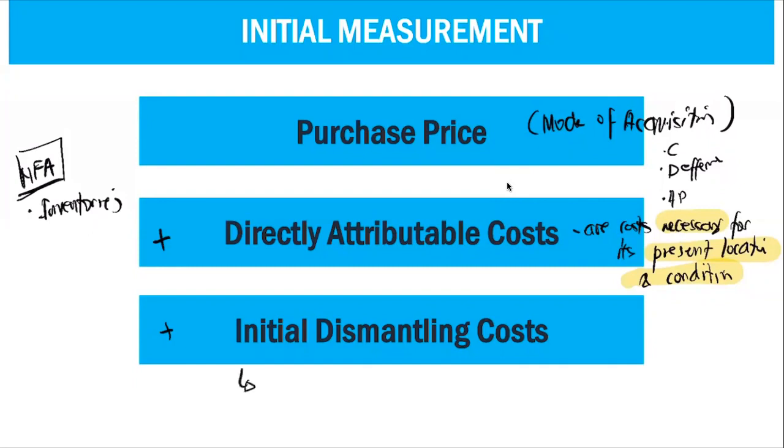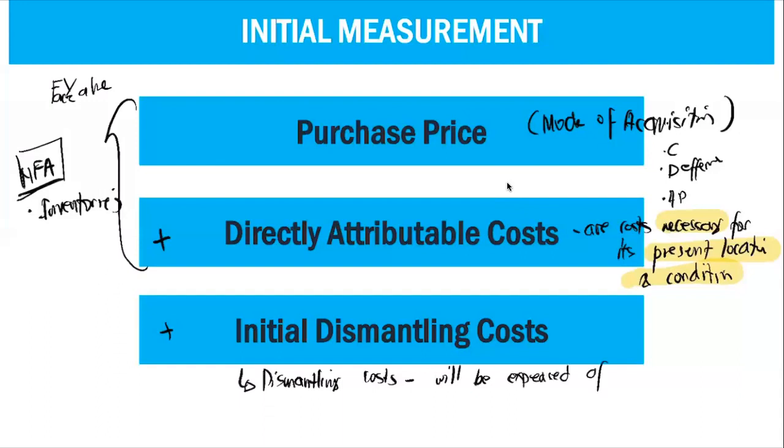Take note, this initial dismantling cost, unlike your purchase price and directly attributable cost, whatever is the face value of this purchase price and directly attributable cost is the cost of the property. But if ever we have initial dismantling cost, take note, this dismantling cost will be expensed after the useful life of the asset.